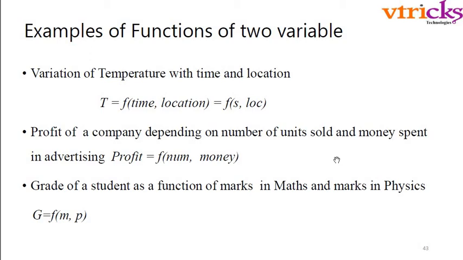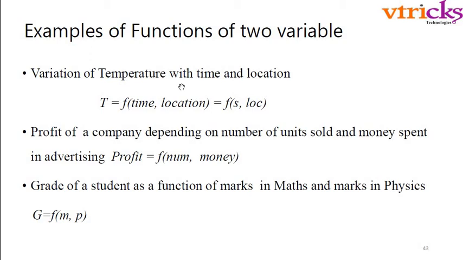Now all these concepts we will extend to a function of two variables. So once again, let us look at scenarios. Where do we get these functions of two variables? Previously we were talking of variation of temperature with time. But now temperature may be different at different locations or in different cities. Say in Delhi, we have a different temperature at different times.